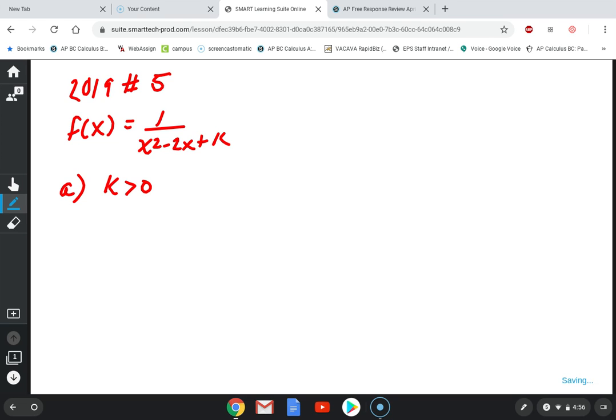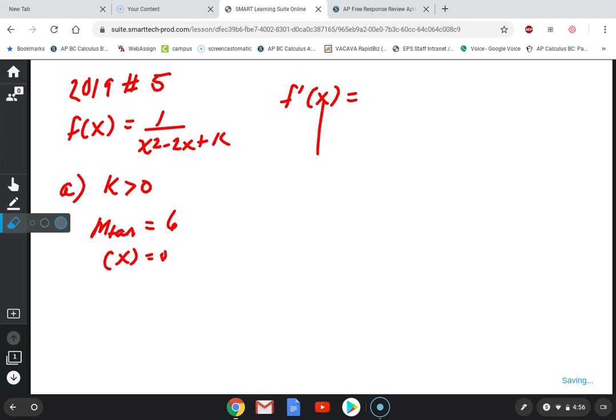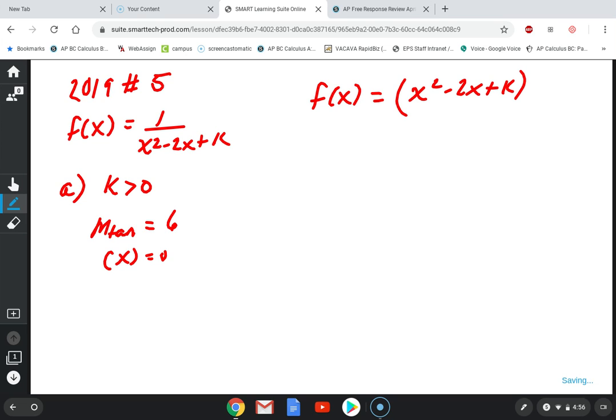Set the slope of the line tangent to the graph, so the slope of the tangent line is 6 when x equals 0. All right, so I'm going to take f prime at x, the slope of the tangent line. Before I do that, I think it would be easier to take the function f of x and rewrite it as x squared minus 2x plus k to the negative first.